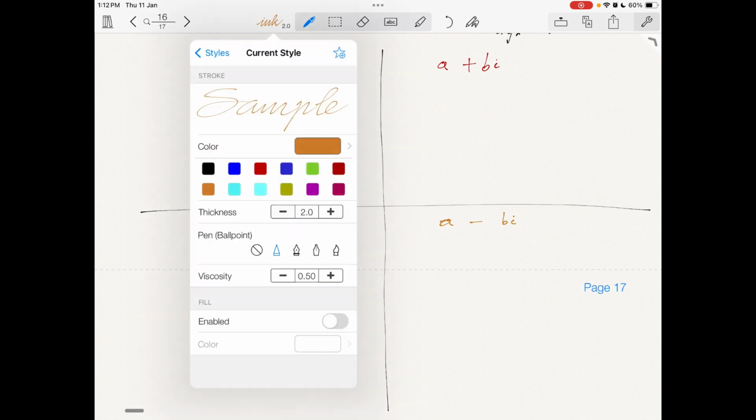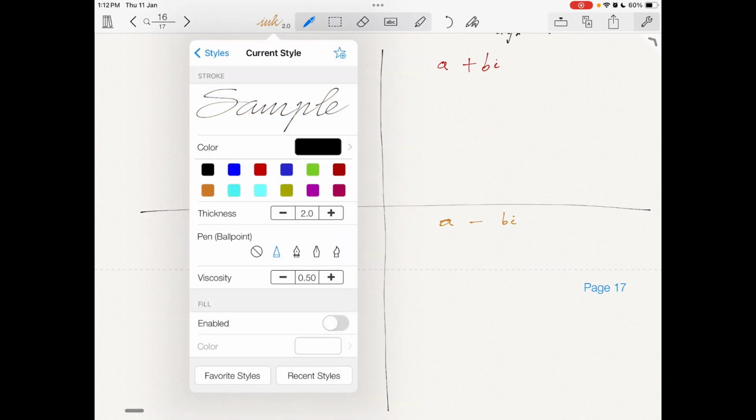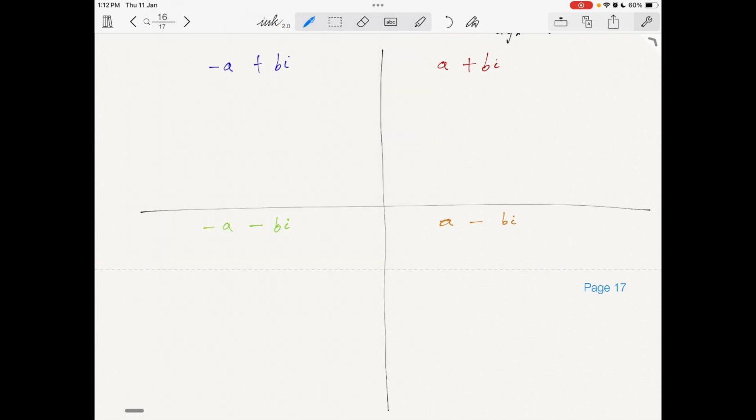Now having done that, we can see that this one has a positive real part and a positive imaginary part. This one has a negative real part and a positive imaginary part.